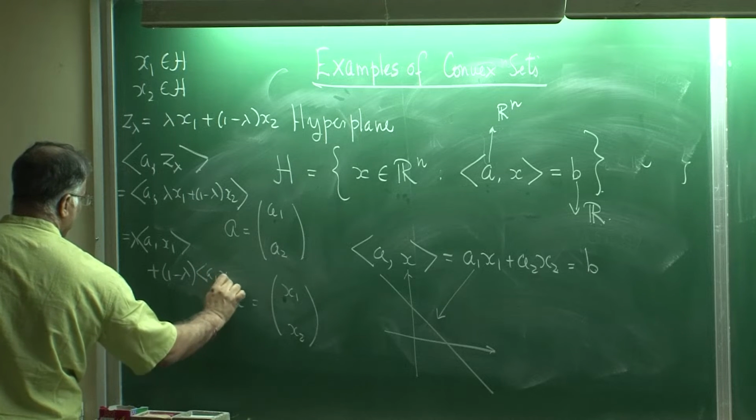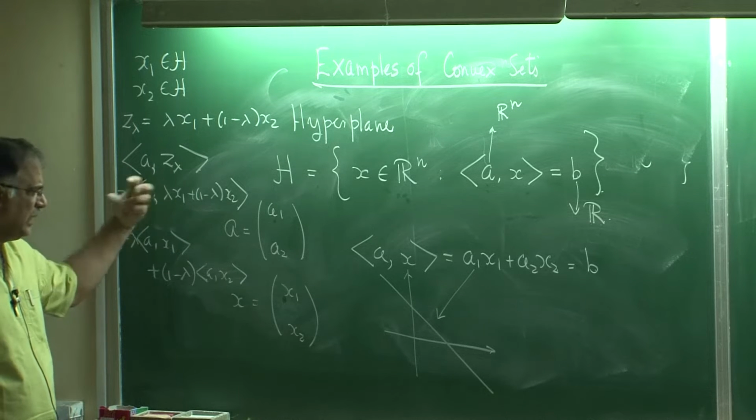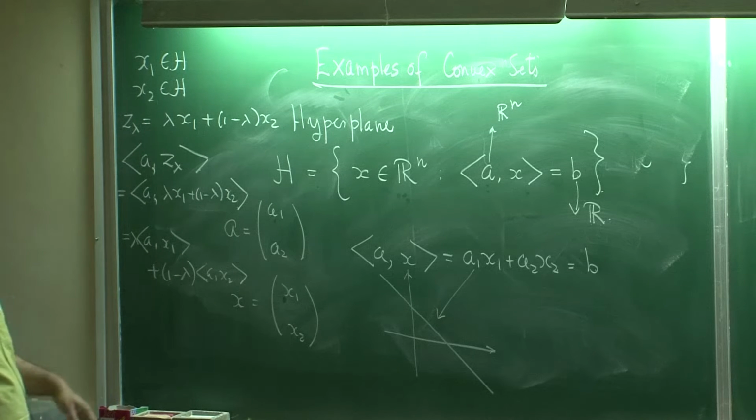We are in real vector spaces, so whenever we talk about real numbers, they are the field elements associated with the vector space. So, these are all real numbers; Rn is a real vector space.